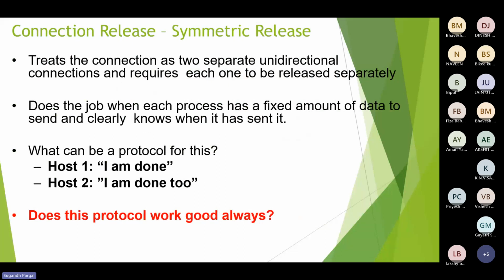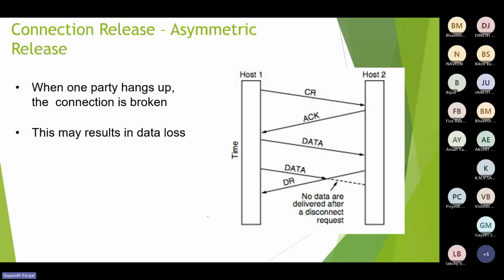Next is the symmetric release. The drawback of the asymmetric release is that there might be a case when host 1 has already sent the data and wants that data to be delivered. However, host 2 sends a disconnection request, and the data is lost.